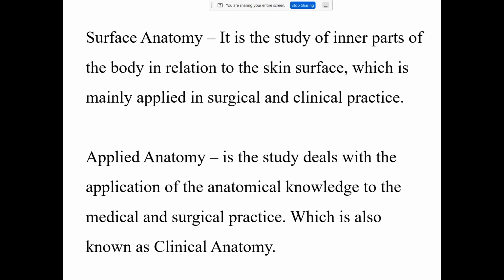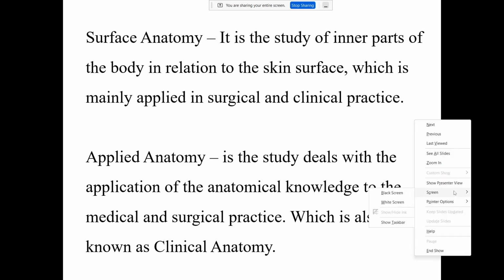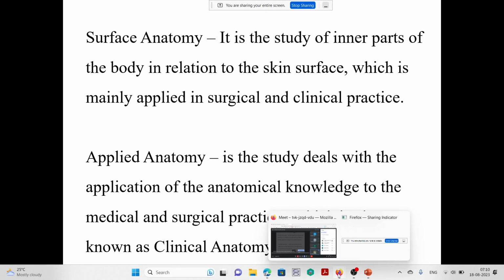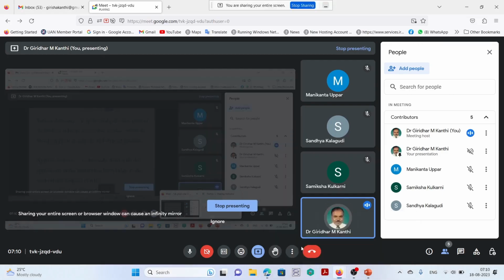That is why, while we are studying, we always have to go with the help of applied anatomy, the clinical anatomy. Only then are we able to clearly understand the particular parts. So we have to concentrate on these things for better understanding, and this will help with the concepts.